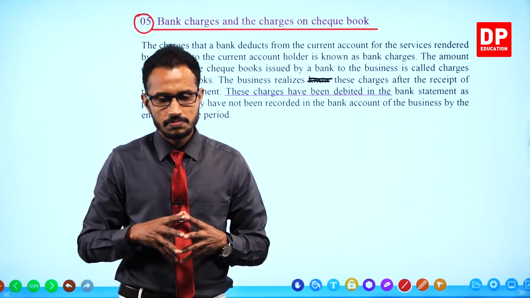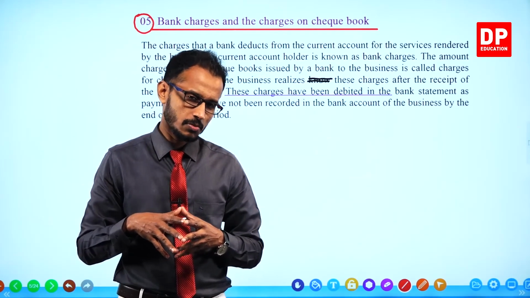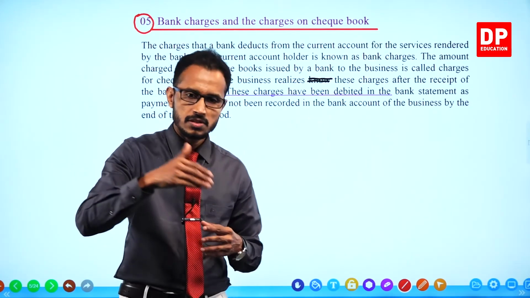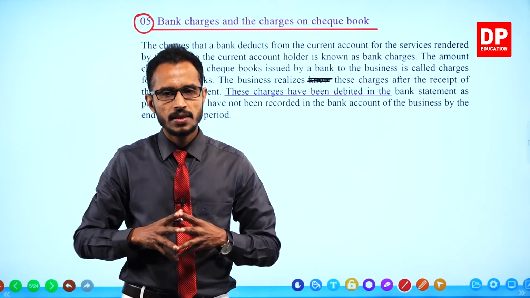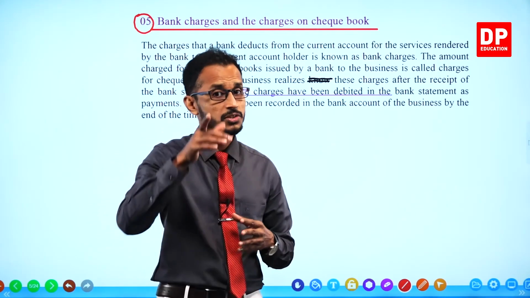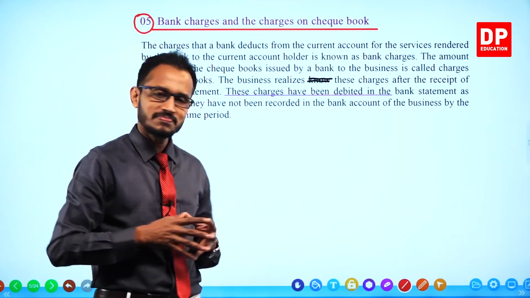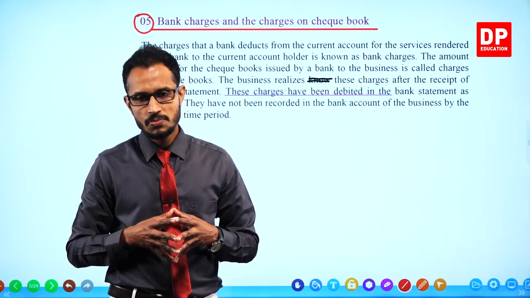This theory part is somewhat important, because from these things there will definitely be some multiple choice questions in your first paper. I hope you understood all these things, children.